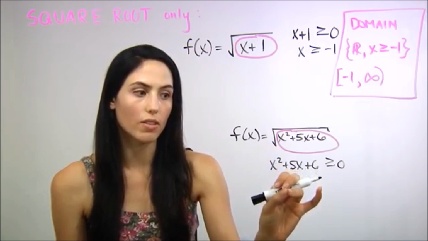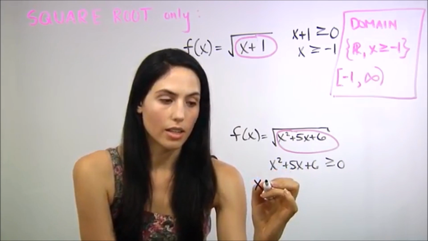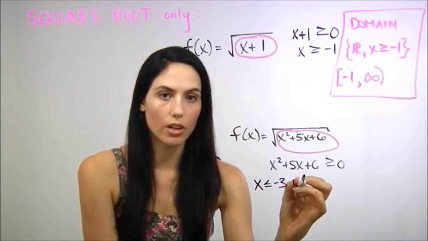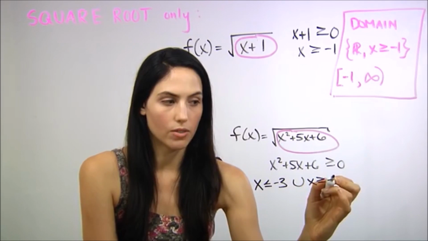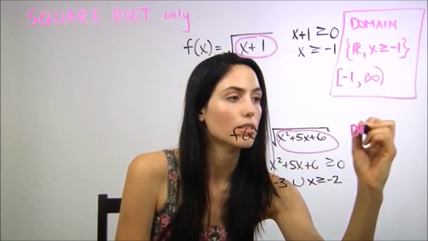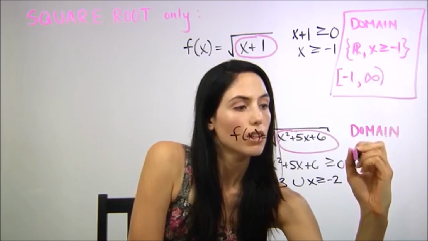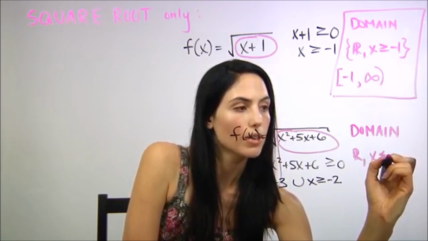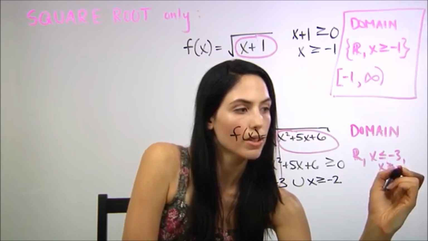But once you have solved this quadratic inequality, you will get that x can be less than or equal to -3, or x can be greater than or equal to -2. So your domain, you can write either as all real numbers, but x less than or equal to -3, x greater than or equal to -2.